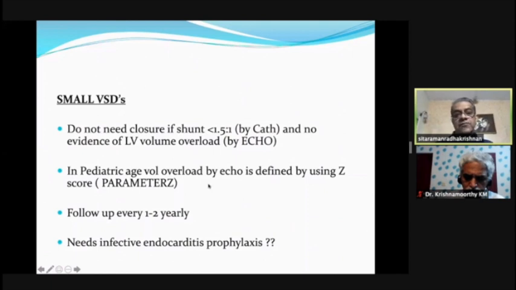So you choose one of them and then use that to define not only for VSD but for other parameters also, aortic size, RV size, etc. And then if it is a small VSD, we tend to follow them up in the initial pediatric population at 1 to 2 yearly intervals. Later on, for example, if you decide not to close a ventricular septal defect at say 15 or 16 years, there is really no point in calling them on a yearly basis.